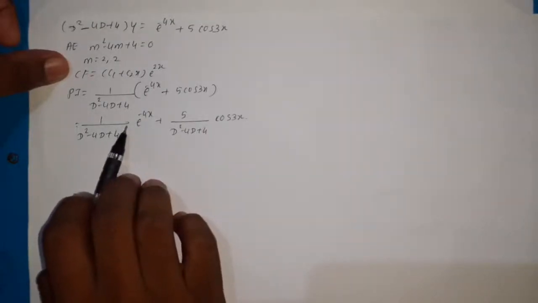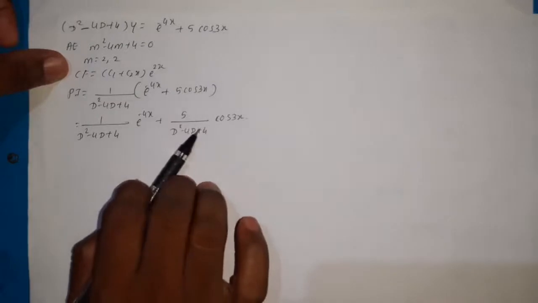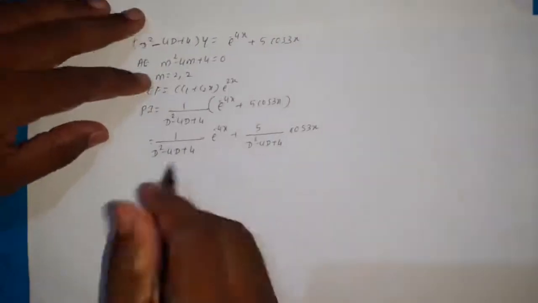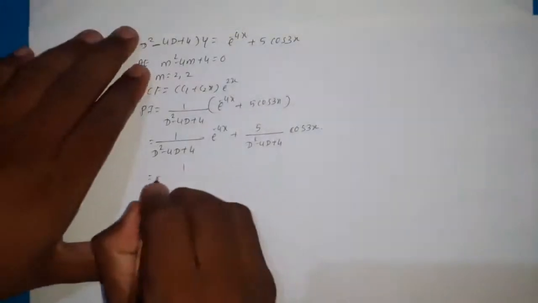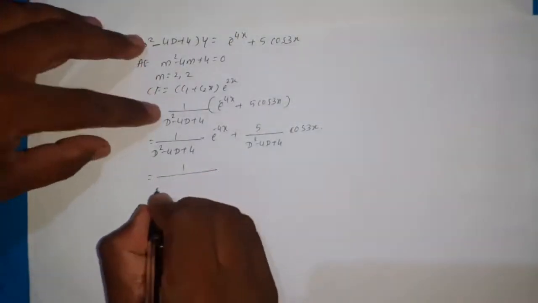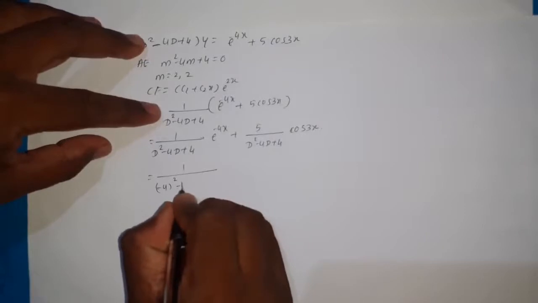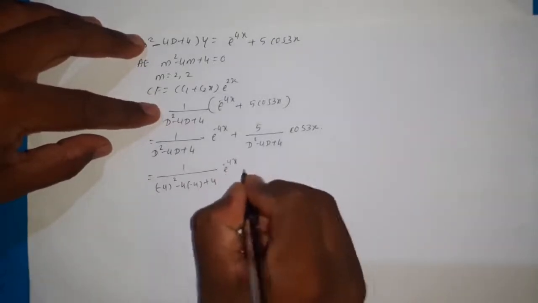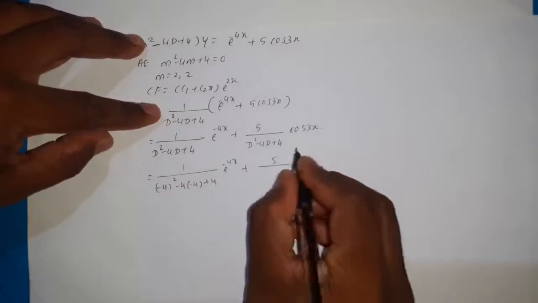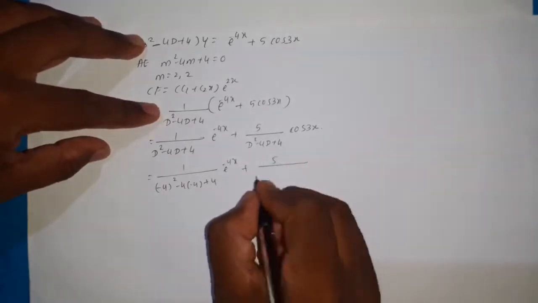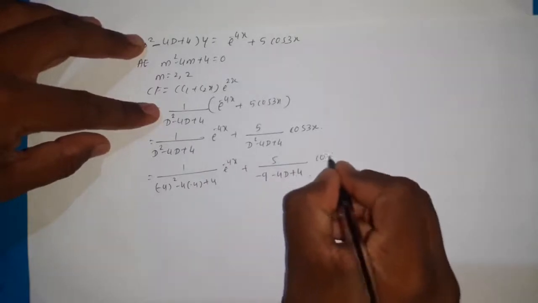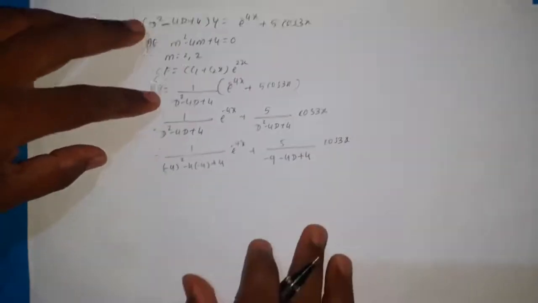In the first case we need to substitute D equal to minus 4, and for the second function D square equal to minus 9. Then this is equal to 1 divided by (minus 4) square minus 4 into minus 4 plus 4 e power minus 4x, plus 5 divided by, and D square is minus 9, so therefore minus 9 minus 4D plus 4 cos 3x.